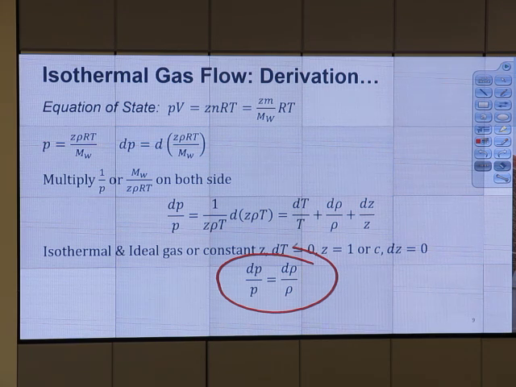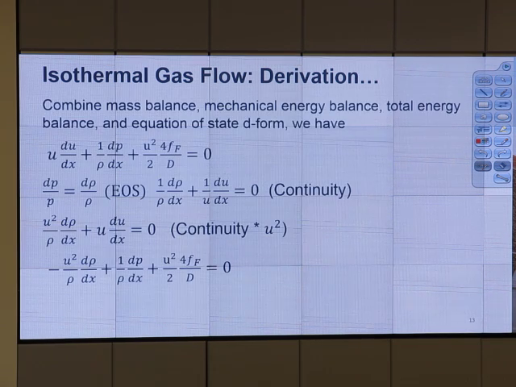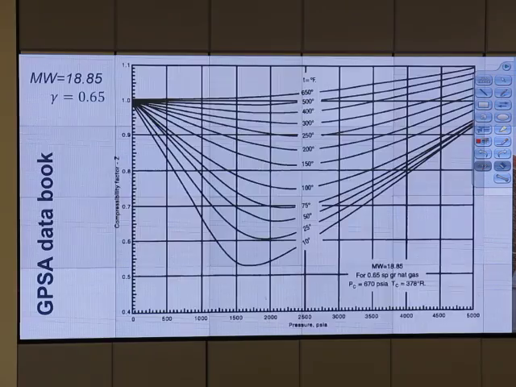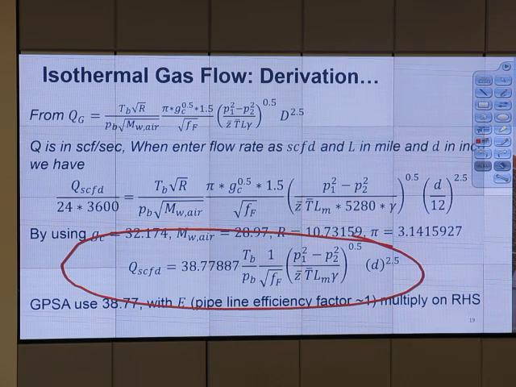To do this, we said dz goes to 0, or the compressibility factor doesn't change much, or maybe ideal gas. That's the assumption when we derive this equation. So by the way, this equation is really important. It's the basis for many empirical equations that you will have later.